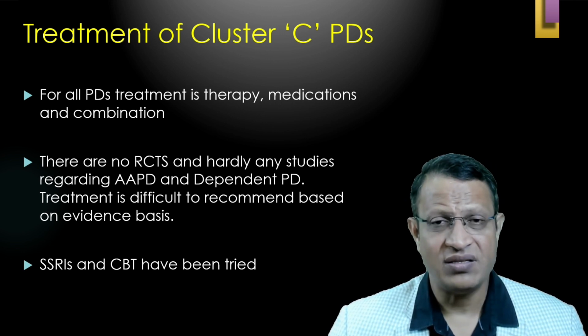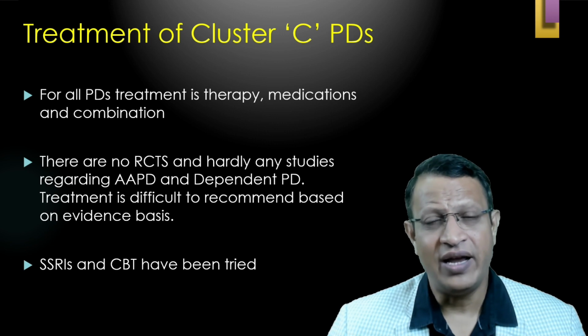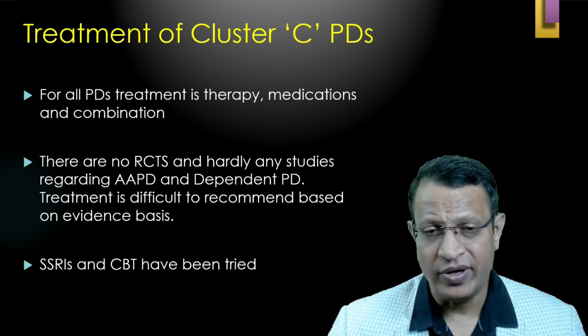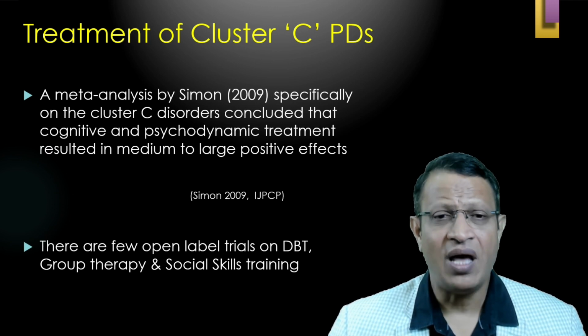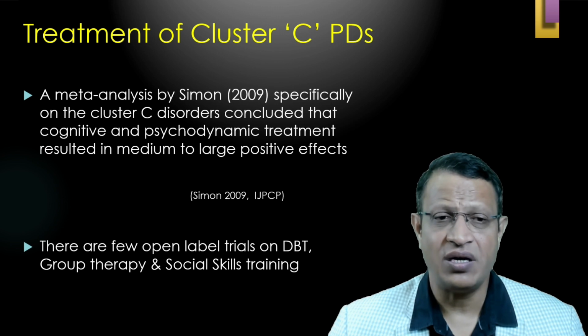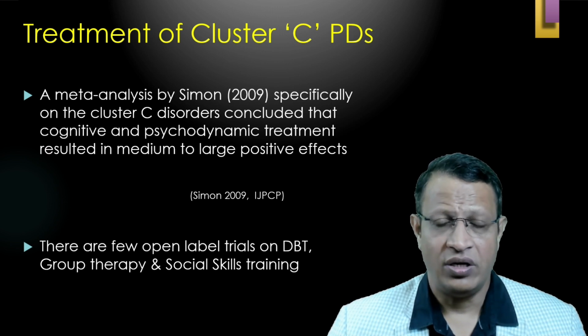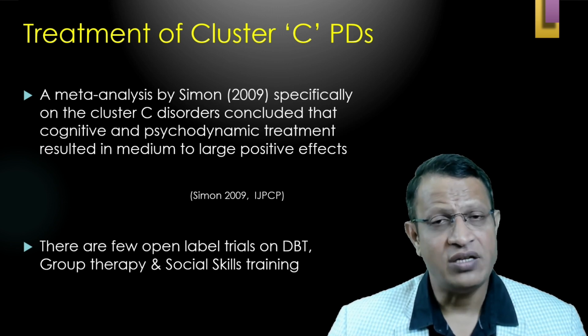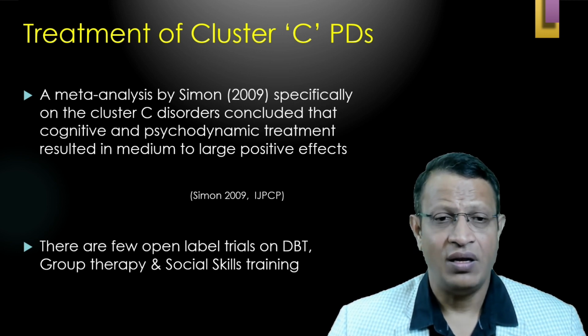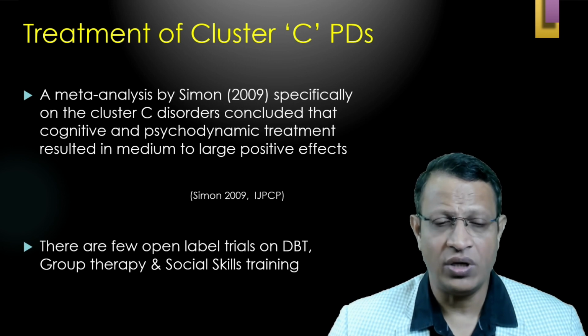And invariably, SSRIs and CBT have been indicated for presence and treatment of comorbidity. A meta-analysis by Simon in 2009 specifically said that for Cluster C personality disorder treatment, cognitive and psychodynamic therapy is the treatment of choice, and they have large and medium effect with regard to outcome.